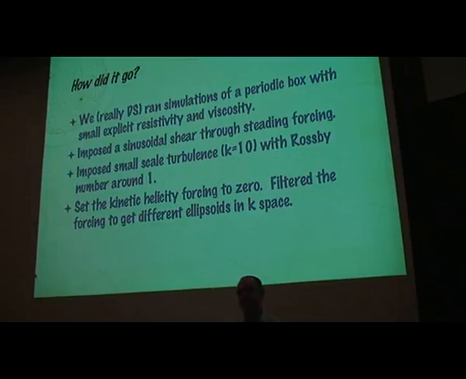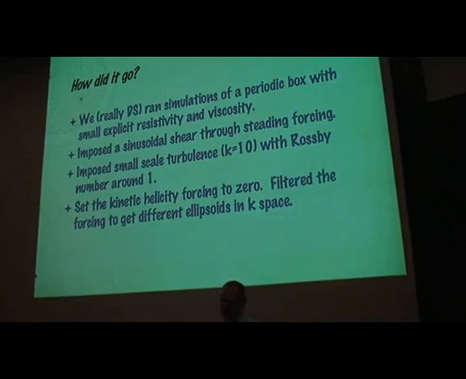Okay, so I have a student doing this. I say we, it's the royal we, of course. Dimitri ran simulations with a periodic box with a small explicit resistivity and viscosity, imposed a sinusoidal shear through a steady forcing.